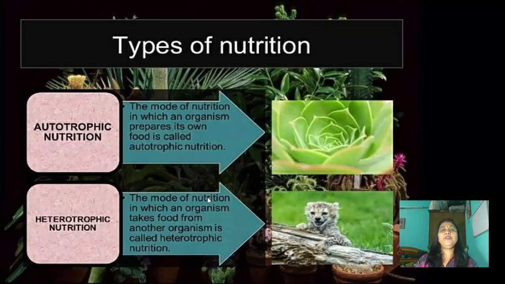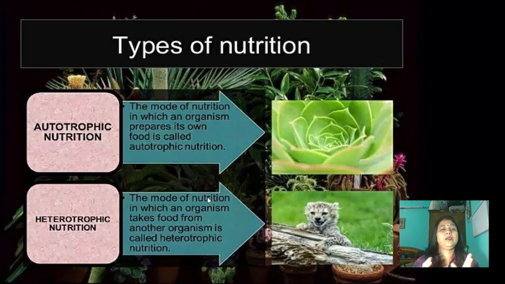Now the types of nutrition. There are two types of nutrition. Autotrophic nutrition. It is the mode of nutrition in which an organism prepares its own food. That is, it consists of all the green plants as they prepare their own food by the process of photosynthesis.